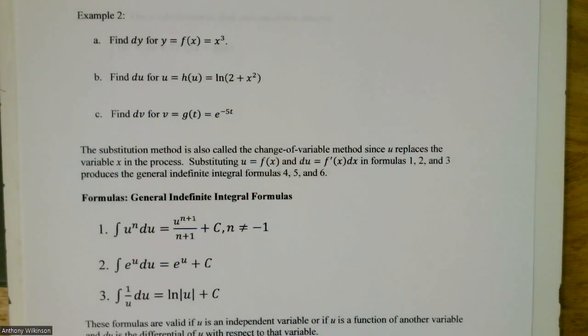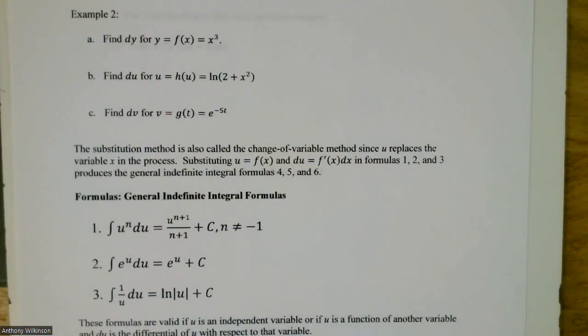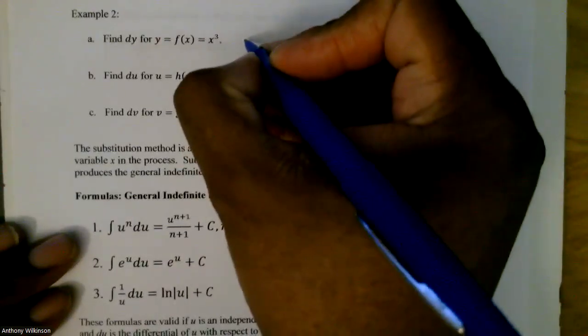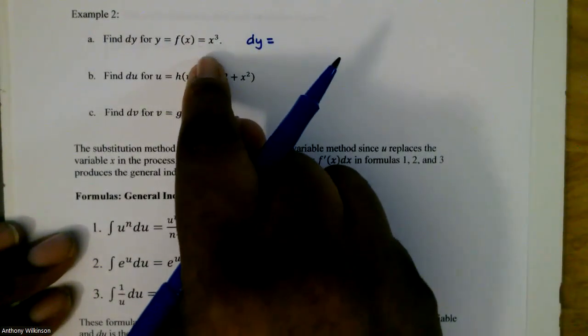Okay. So on the next page here, you'll see example 2. Here we're going to be dealing with differentials here. So in example 2, part A, find dy for y is equal to f of x equaling x cubed. So y is equal to x cubed. So when we find dy, we just take the derivative of x cubed.